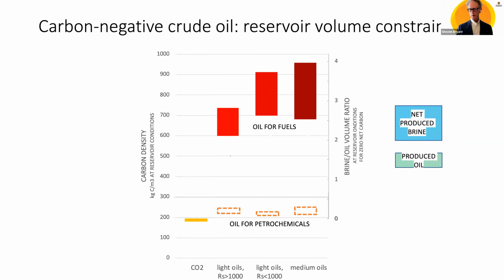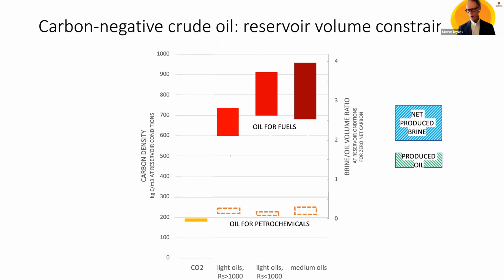The values here range from 2 to 4. If we were to go to larger ratios, 5 and above, that would get us into carbon negative crude oil. So that's your point of reference here: 2 to 4 should be around carbon neutral, and 5 and greater should be carbon negative crude oil.